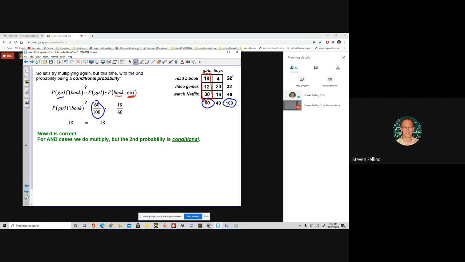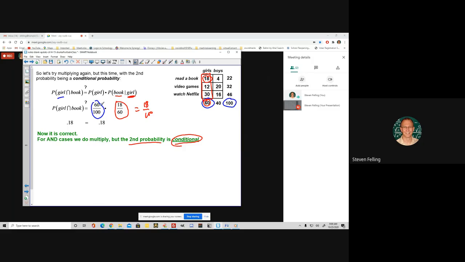And so that would not be 22 out of 100. That would be 18 out of 60. So the second probability has to be a conditional probability. And then when you multiply, these 60s cross out, and we indeed get 18 out of 100, which is correct. So the catch is, AND is multiply, but the second probability has to be conditional and take into account that the first event happened.